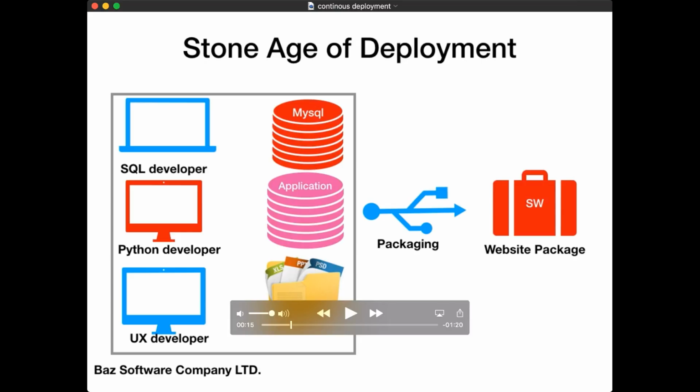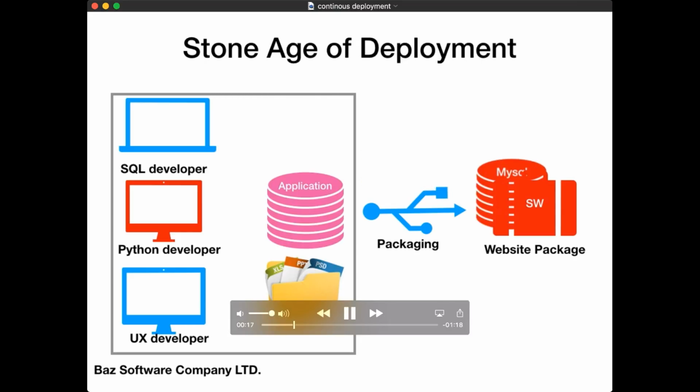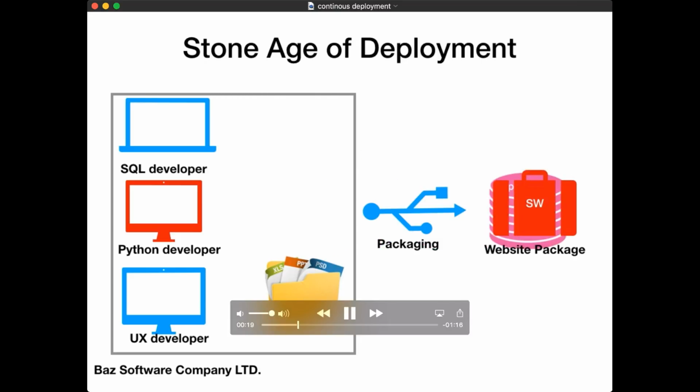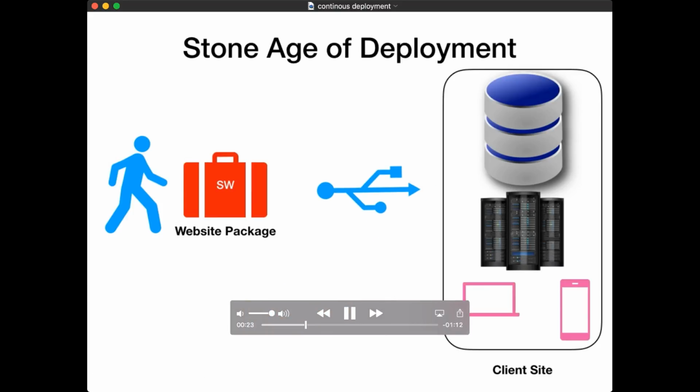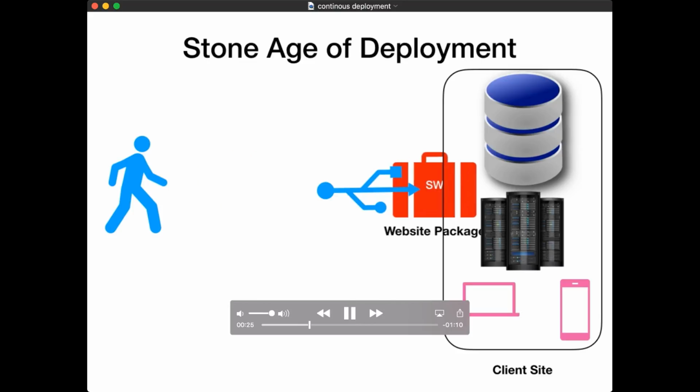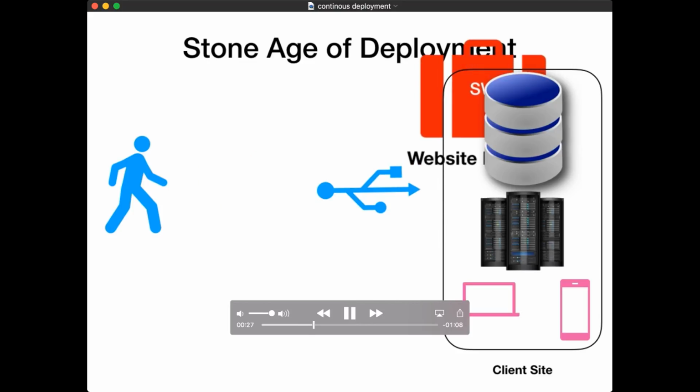Now what we usually did, we just bundled everything and packaged it. We made one single package, and a developer would take this package, go to the client side and deploy it. Now sometimes the server that the client has needed some scalability. Maybe he's not using the same setup as us in the company where we build the software.